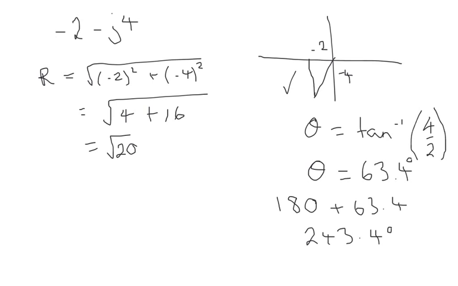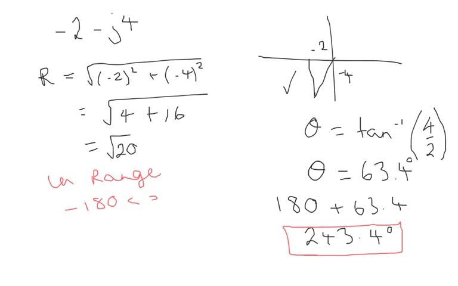Now by definition we should not use this angle because it's too large. We have to use numbers in the range -180 up to 180 degrees. So in order to get a number in this range, we can just subtract 360 from 243.4.